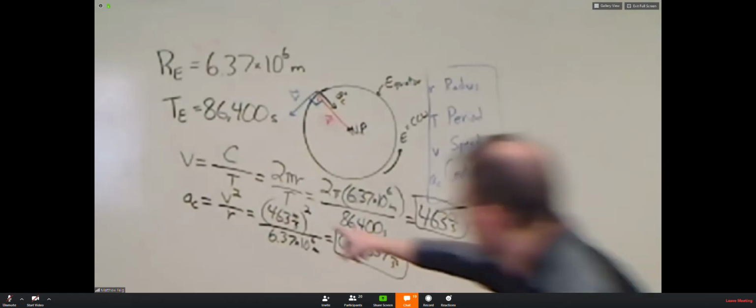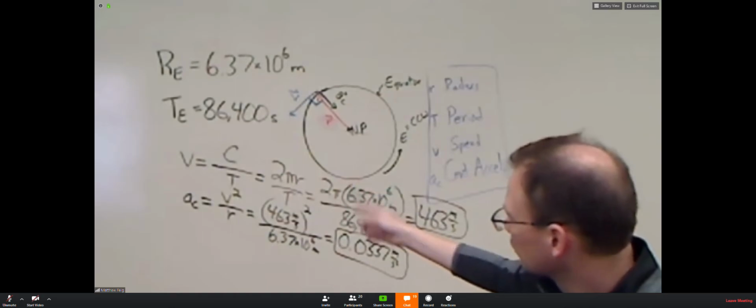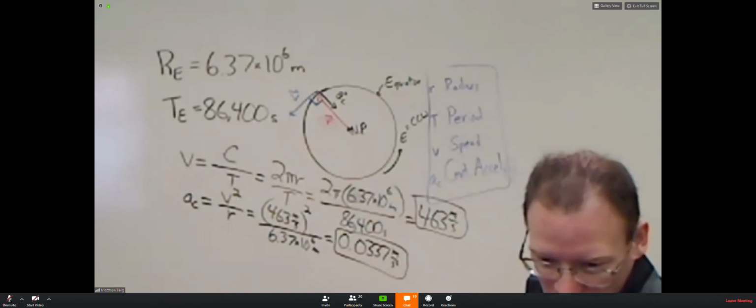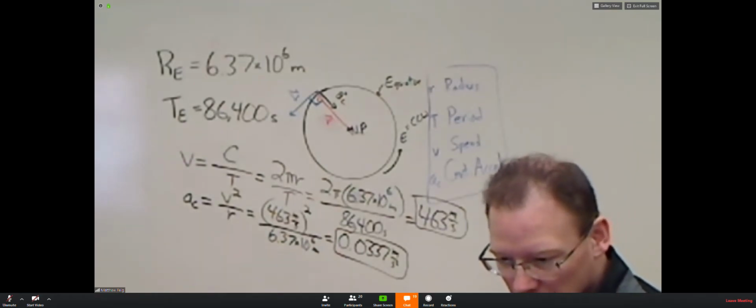What you're going to do is replace R. What's the radius of the equator's circular path? That's R_E. What's the radius of Minneapolis's circular path? You can draw a little triangle.